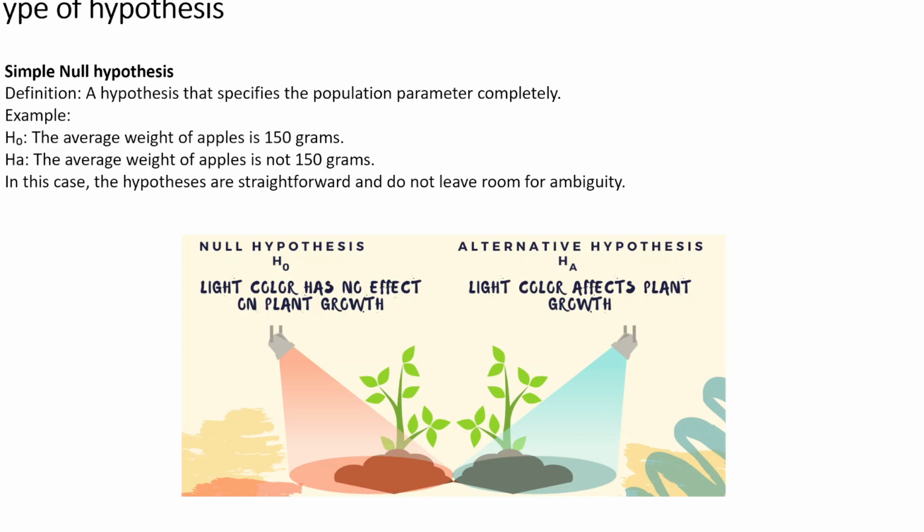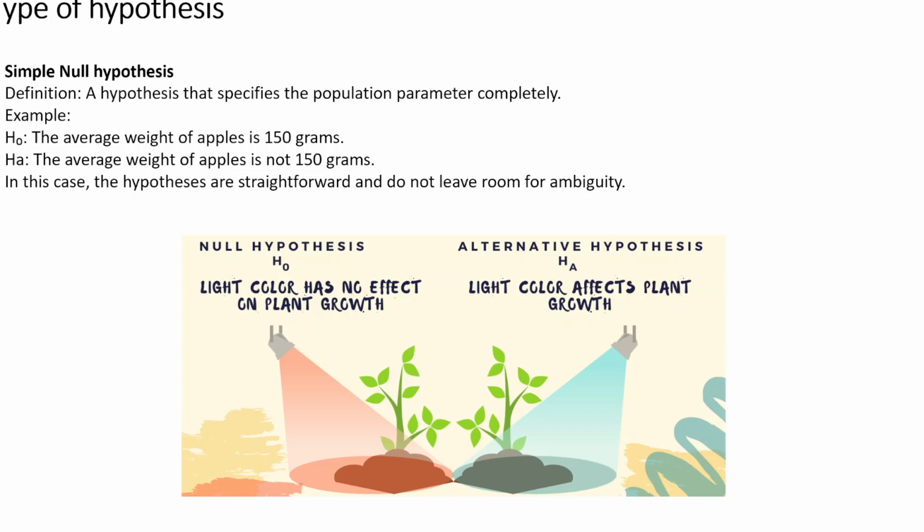So in this case, we don't have any ambiguity or doubts. It's clear that if it is less than 150 grams, it is a clear rejection, and if it is more than 150 grams, it is also a clear rejection.